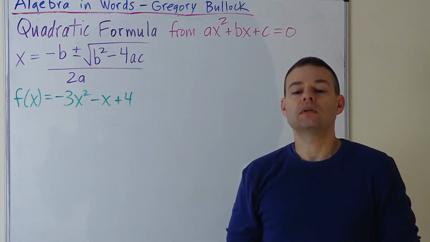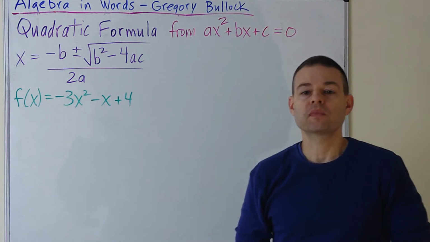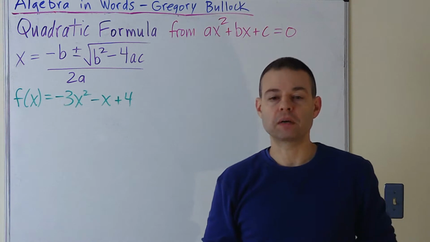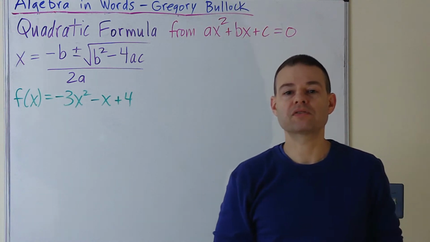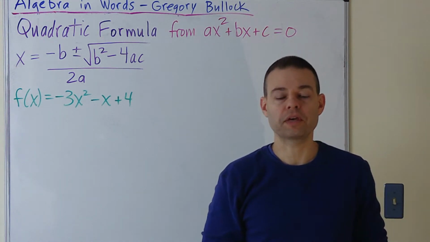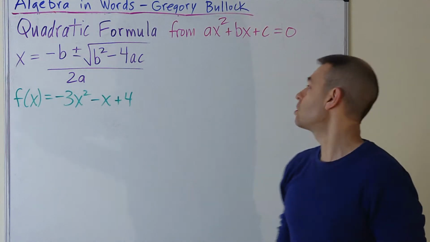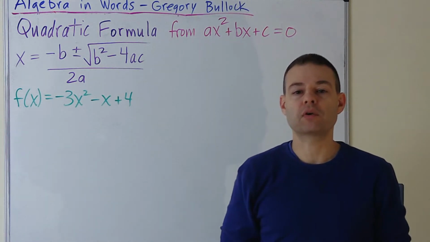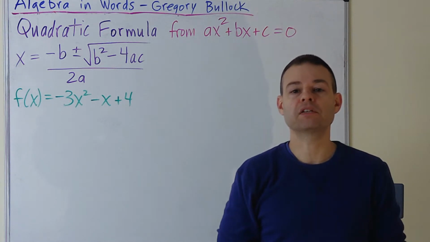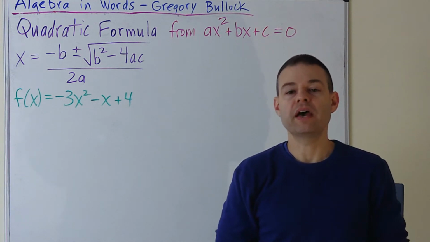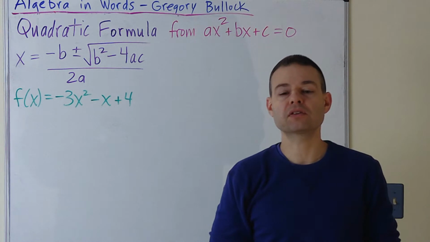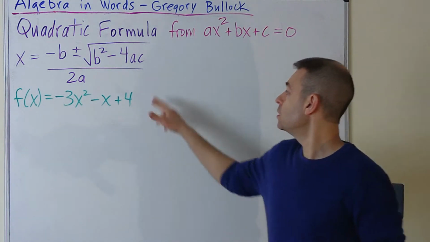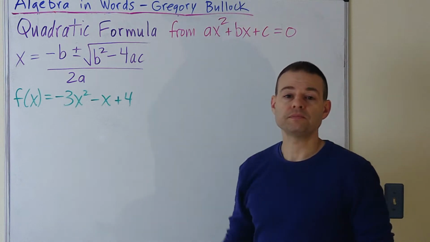Now, a quick little aside: if you're wondering where the quadratic formula comes from, I'll give you the quick answer, but I'm not going to go through the whole thing. If you started with the standard form of a quadratic, ax squared plus bx plus c, and put that through the complete the square method to solve for x, long story short, you would arrive at this.